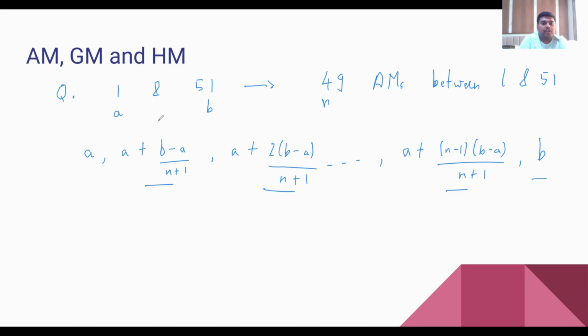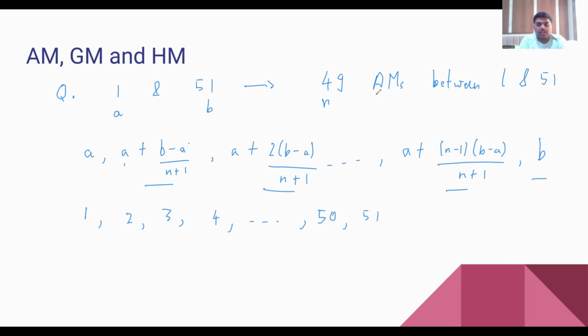Now putting in the values gives us, this is obviously 1, then 1 plus (51 minus 1), which is 50, divided by 50, which is 1. So 1 plus 1 is 2, then 3, then 4, and so on up to 50 and 51.